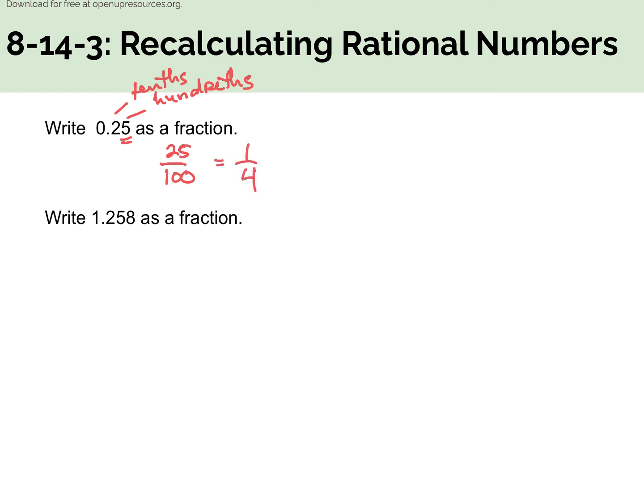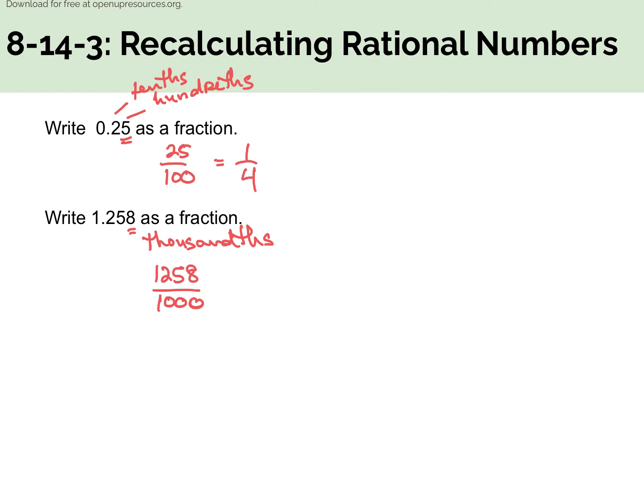Okay, let's try this one here. What is this ending point? That's the thousandths. So we have the whole number, so 1,258 over 1,000. Then we want to see if it's skinny or fat. What can we simplify that into?